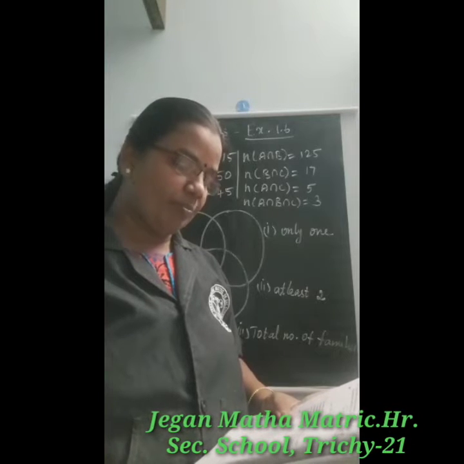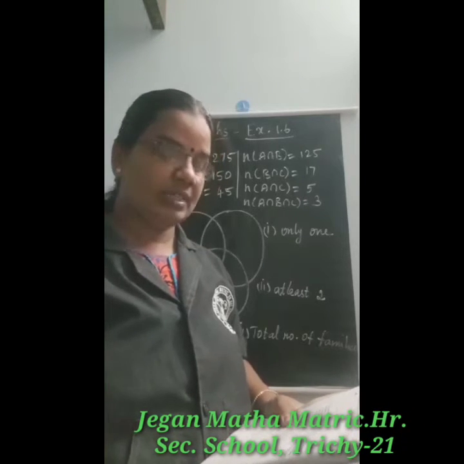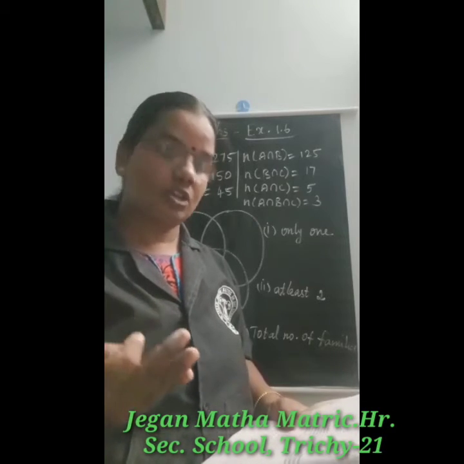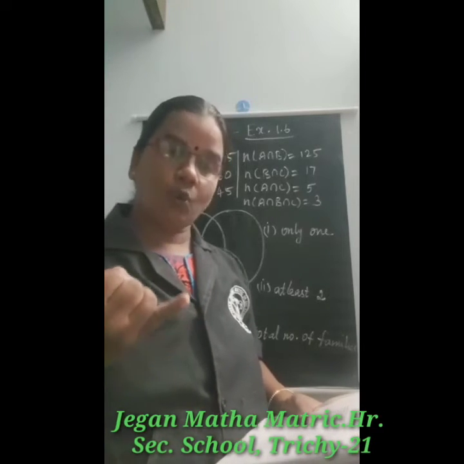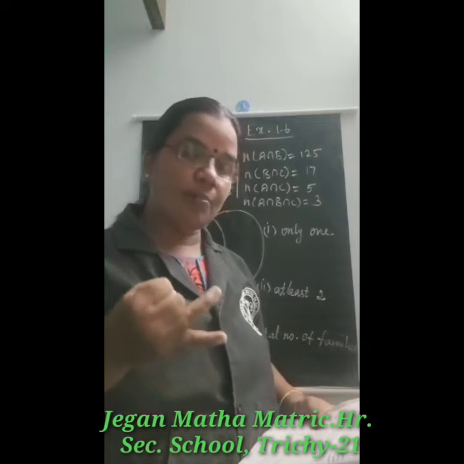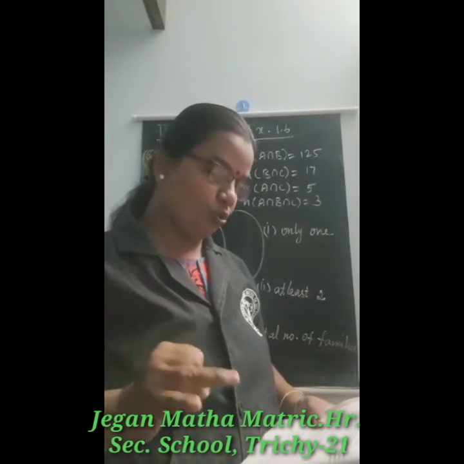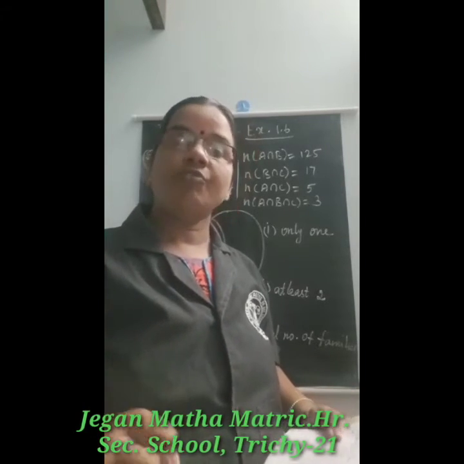If each family buys at least one of these papers, then find the 3 things they are asking: the number of families who buy only one newspaper, the number of families who buy at least 2 newspapers, and the total number of families in the colony.